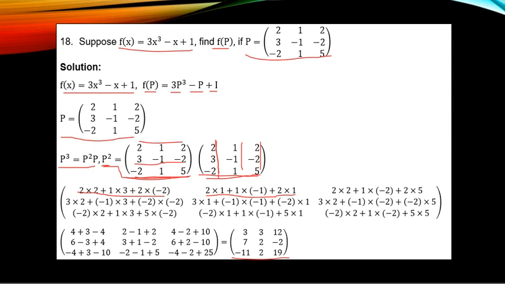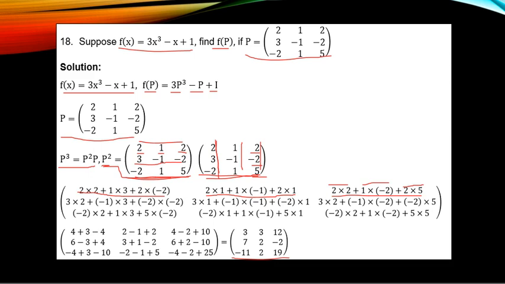The same first row times the third column now, you have 2 times 2, then 1 times minus 2, and 2 times 5.